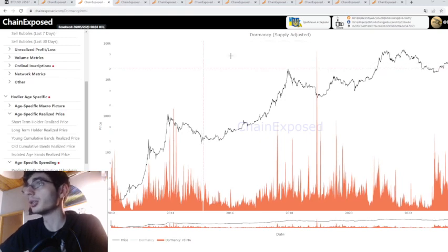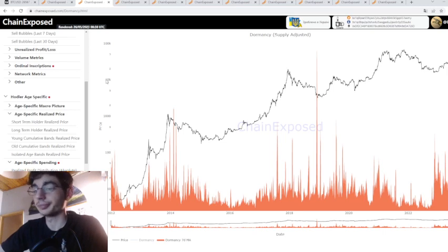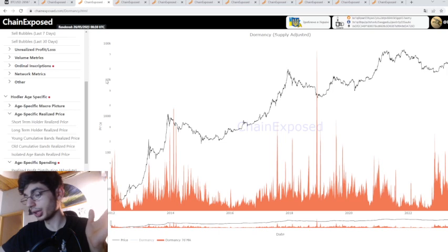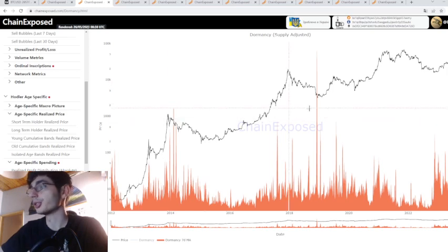And I don't see that even because I saw some dormancy getting up, and this is the volume on the lifespan, let's say, of the time that has passed between the acquisition of a Bitcoin and the spending of a Bitcoin, supply adjusted, so we can compare the cycles together.